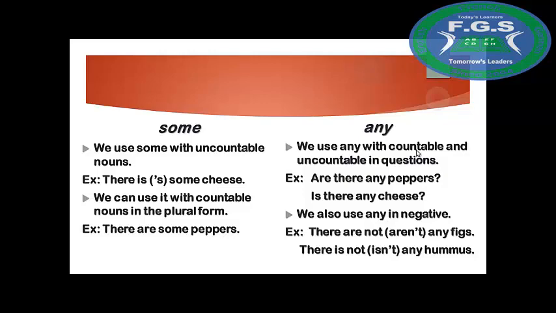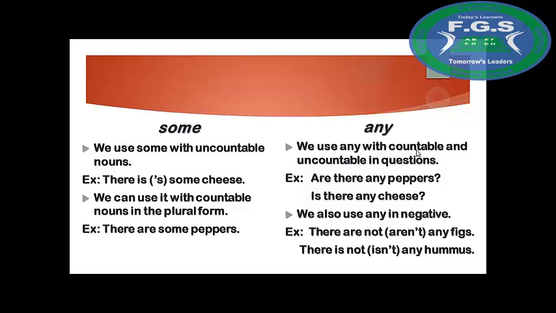In this question, we use uncountable nouns after any because we started our question with is. So, are there any peppers? Are there any apples? Are there any oranges? I can't say, are there any rice? No. I have to put countable nouns after any in this example.